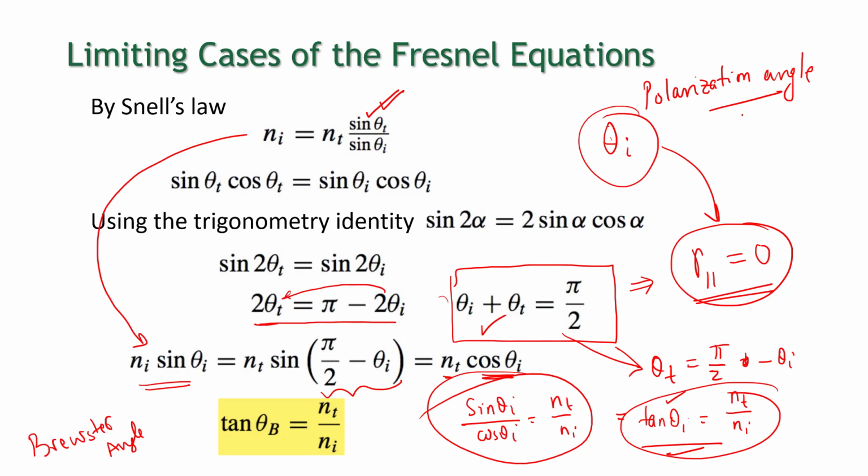In our textbook it's denoted by theta p, but in some textbooks it's denoted by theta b. So that's the Brewster angle. In the lab we'll see this phenomenon. When you hit any reflecting surface at this angle, you will not see the parallel component of the light.